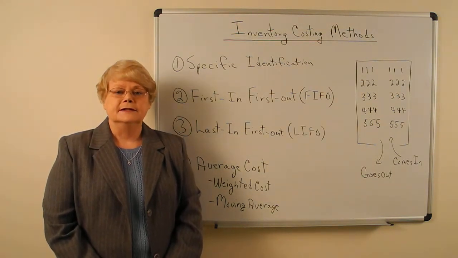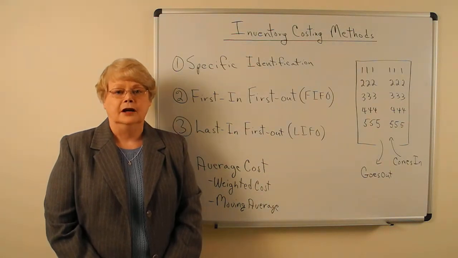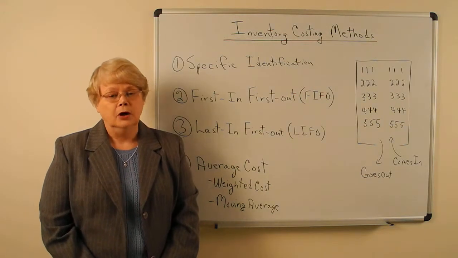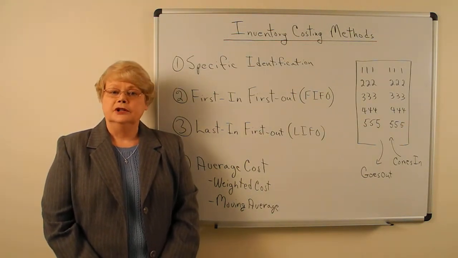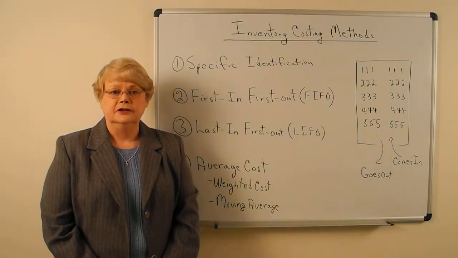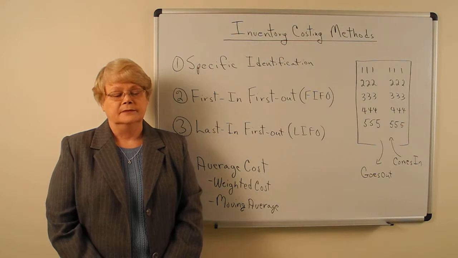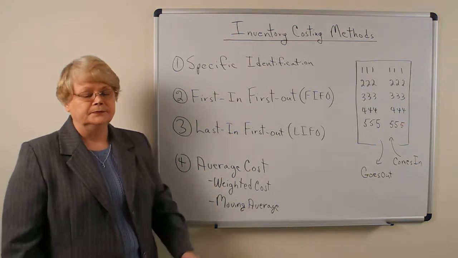However, in most businesses you do not have a small number of large dollar items. In fact, it's the other way around. You have a large number of small dollar items and they're all the same. So what we're going to do is come up with a method to use to determine the cost of those types of inventory items. We have 3 cost flow assumptions that we use.